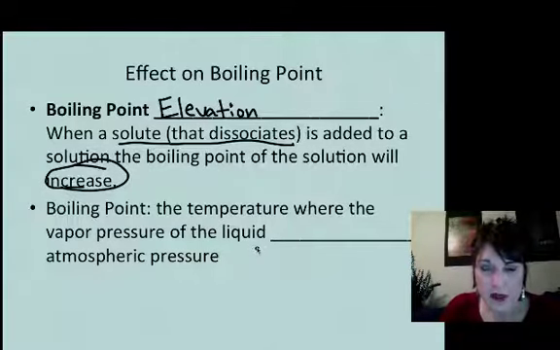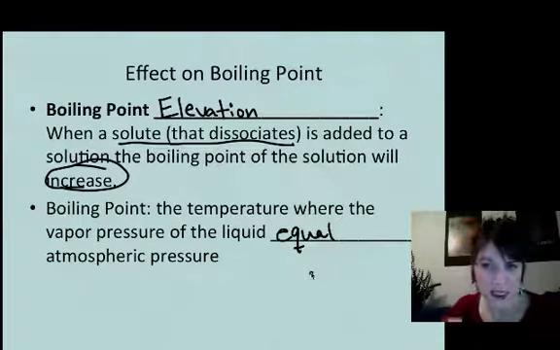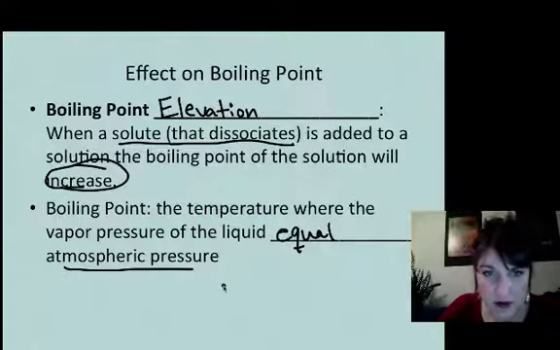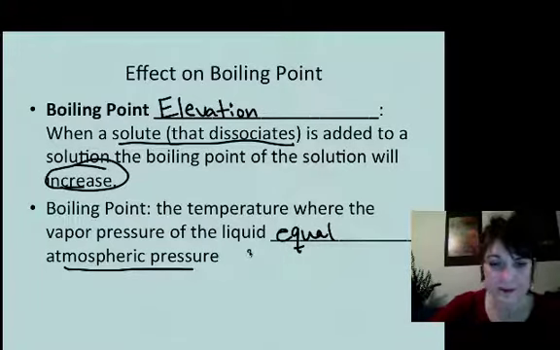So boiling point refers to the temperature where the vapor pressure of the liquid is equal to atmospheric pressure. Remember, for something to boil, we have to build up enough vapor pressure so that it can actually push against the atmospheric pressure that's holding it together. And once it overcomes that balance, then we have boiling.